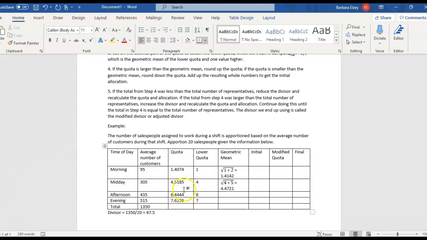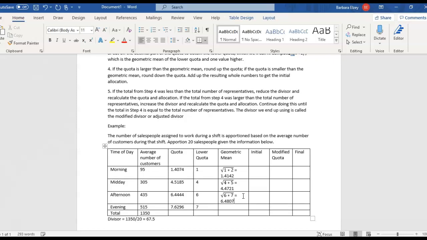All right, now let's go to the next one. Our lower quota is 6, so we'll have the square root of 6 times one more, 7. So the square root of 6 times 7, and that gives me 6.4807. And then lastly, let's do this one. We're going to have the square root of 7, and one more will be 8. So square root of 7 times 8.